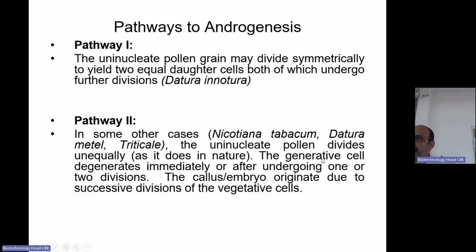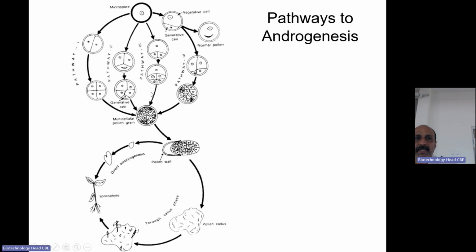So this generative cell degenerates, and only the vegetative cell multiplies to give the multicellular pollen grains, and gives rise to the multicellular plantlets, right?